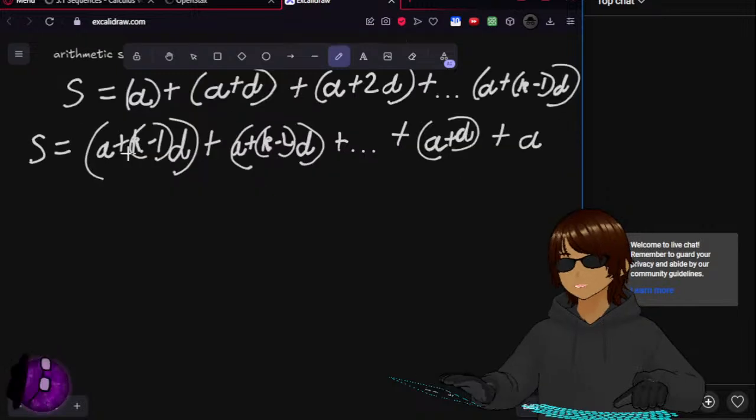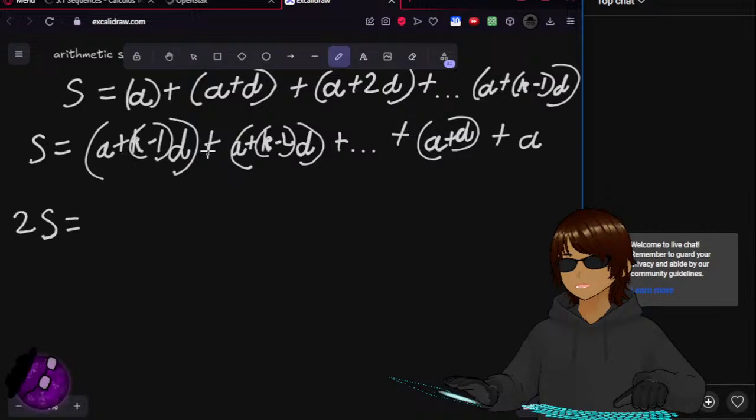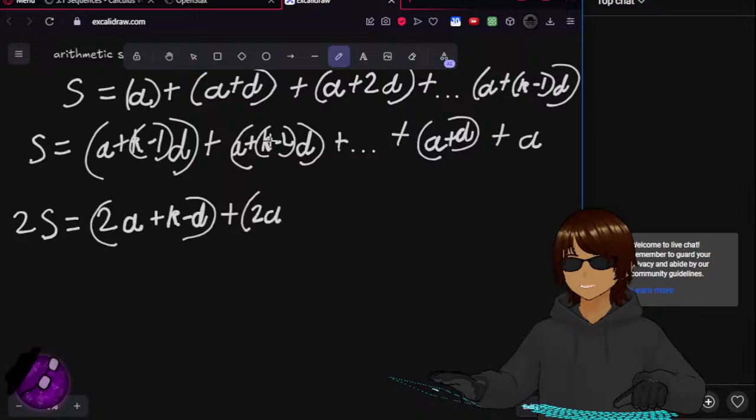And now we add the first and the last one. So 2s would be, this is 2a plus k minus 1 d, and then this over here, still 2a again, but d plus k minus 2d would be k minus 1 d.